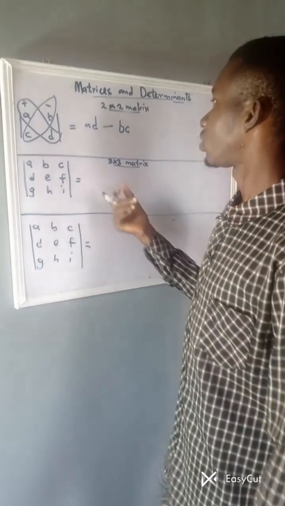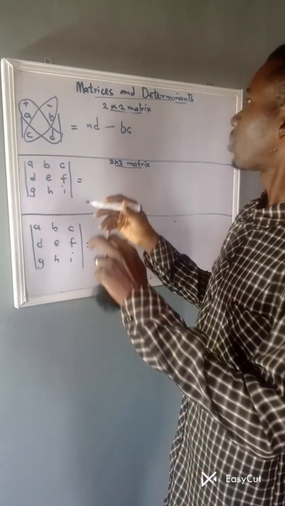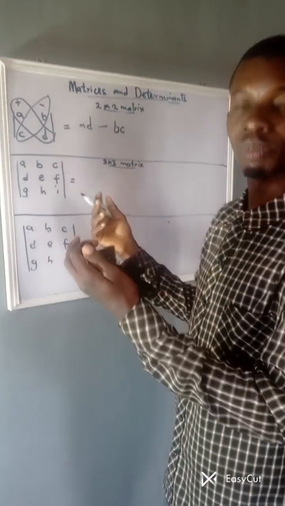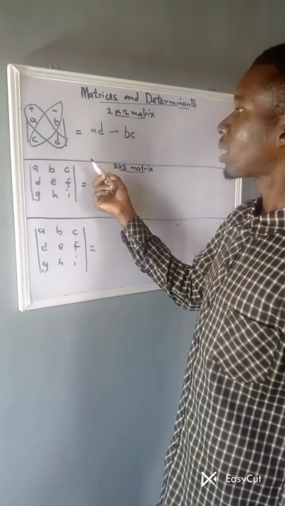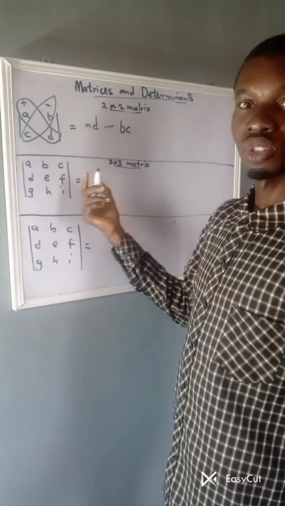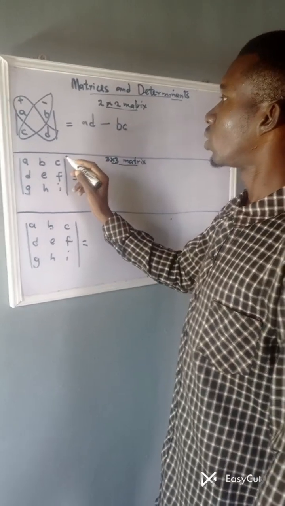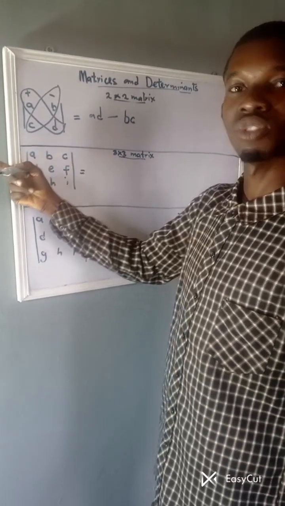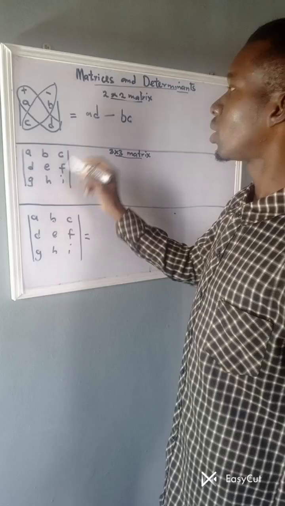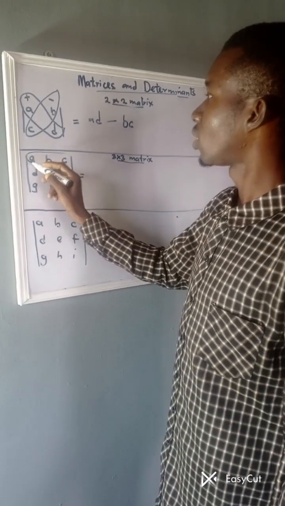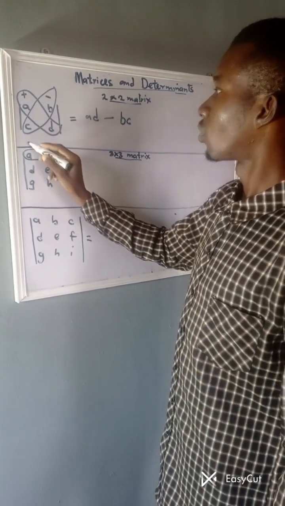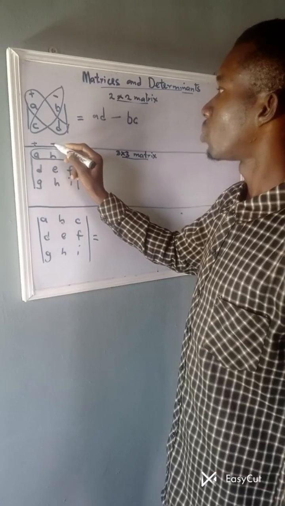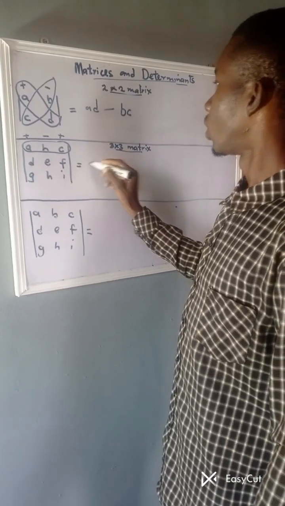Now what about a 3 by 3 matrix? This time it becomes a bit deeper. For a 3 by 3 matrix, you can do it in 2 ways. The first way is to use the elements of the first row, or you use the elements of the first column. Let me focus on the first row. The signs will be plus, minus, plus.